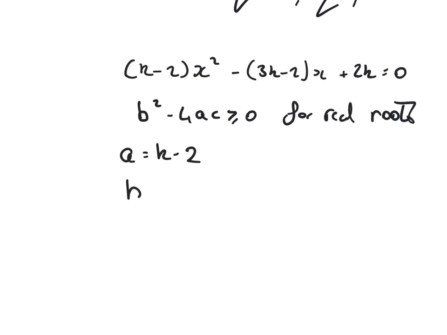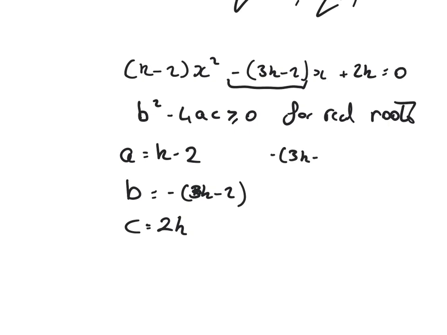a is equal to k minus 2. b will be the coefficient in front of x, that's minus (3k minus 2). And c is equal to 2k. Okay, so b squared, that's minus (3k minus 2) all squared, minus 4 times a, which is k minus 2, times c, which is 2k.